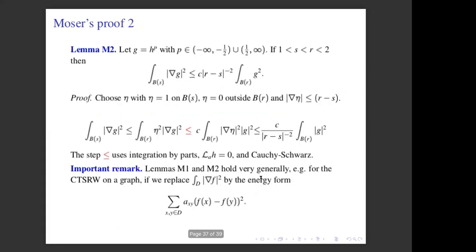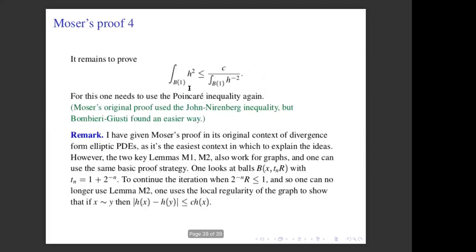If we look back to lemma M2, these balls would then be the same. And so lemma M2 in its original form, the argument is just not going to apply. But one can use an argument using the local regularity of the graph to show that if you've got neighboring points and a harmonic function, then h(x) minus h(y) is bounded by a constant times h(x).